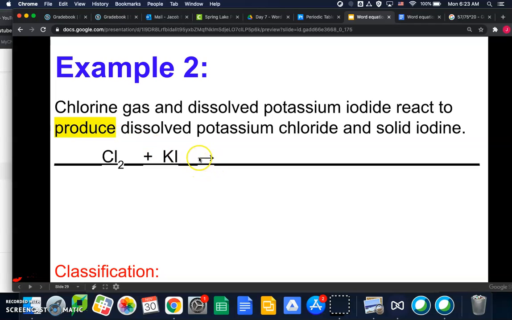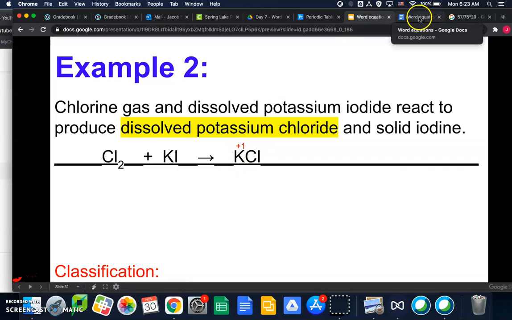Okay, and so then they react to produce. And so that's where our reaction arrow goes. They're going to produce dissolved potassium chloride. So up next is potassium chloride. Again, we'll take a look at the charges. Potassium is still +1.